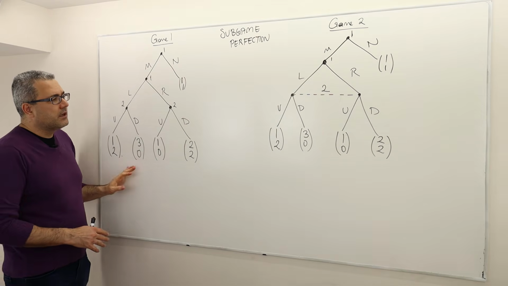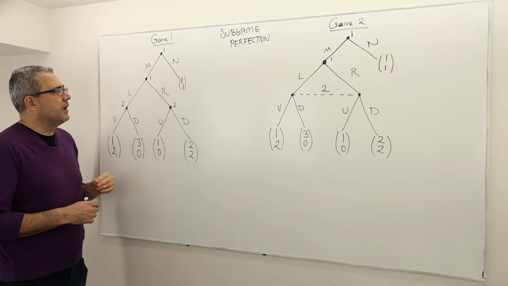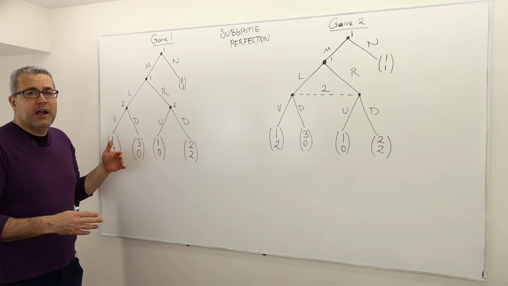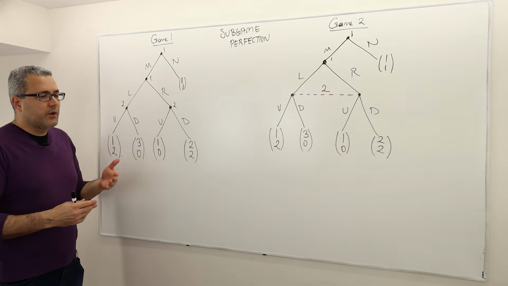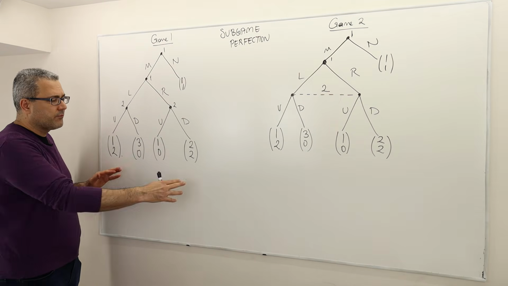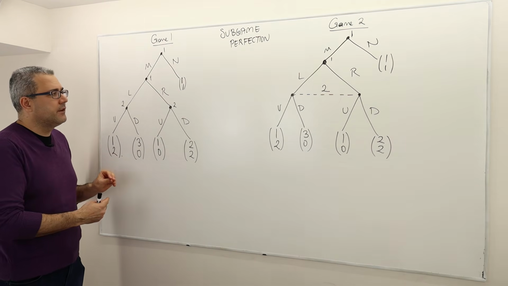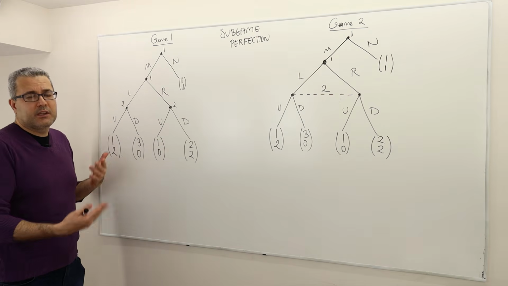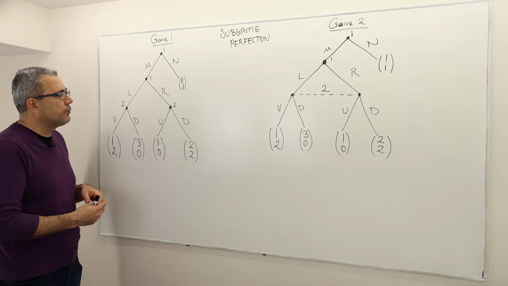All right, so let's analyze these games. Remember, this is an extensive form game, and we said we can find the Nash equilibrium of this game by writing down its normal form representation, and then we can find all pure strategy and mixed strategy Nash equilibria.